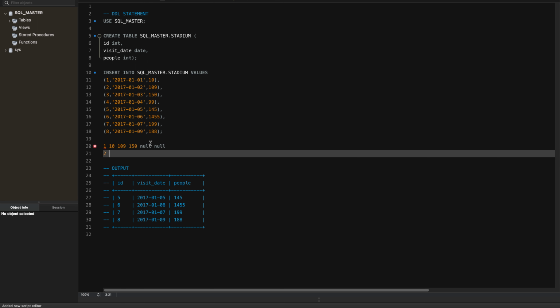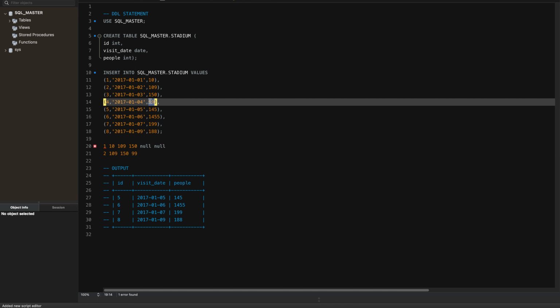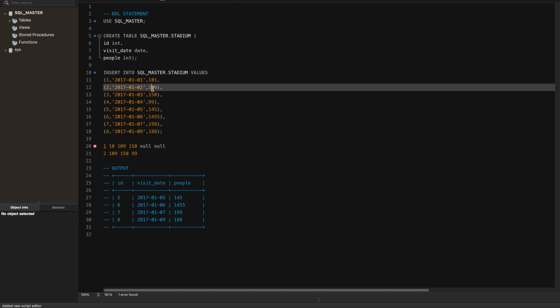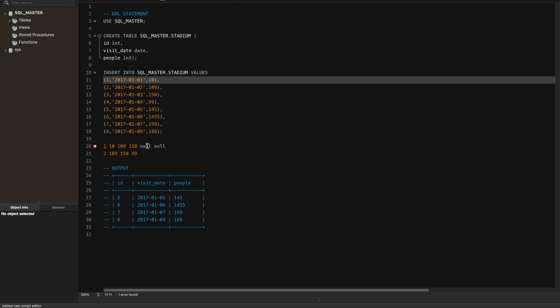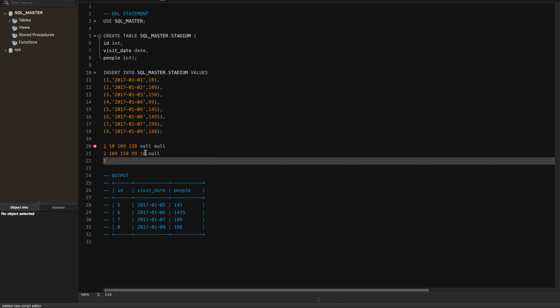If you consider row number 2, the current day number of people is 109, next day it's 150, next to next it's 99. And for 109, one day before is 10 and previous to previous it's null. For row 3, current day people is 150 and next day 99, next to next 145.